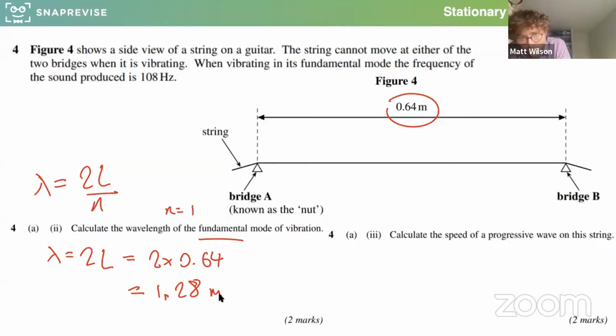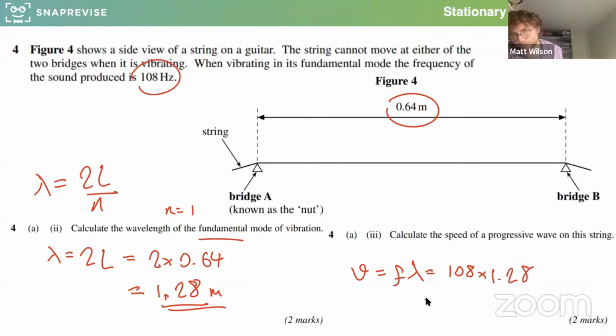Next question. Calculate the speed of the progressive wave on this string. Well, speed is always equal to frequency times the wavelength. The frequency is 108 hertz. The wavelength we just calculated was 1.28. If we put that into a calculator, we should find 138.24 meters per second.